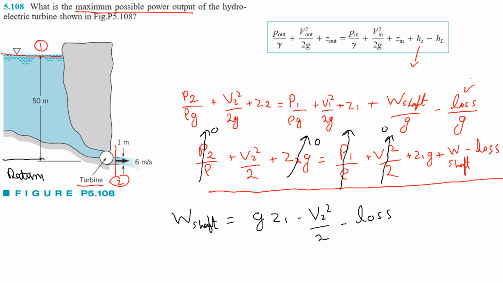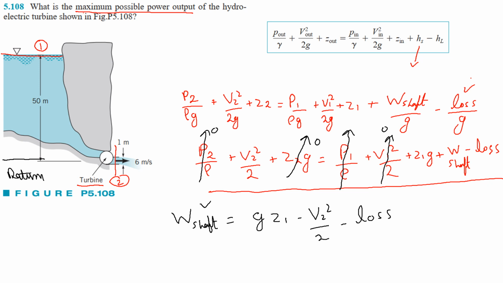What we need to do is to multiply both sides of this equation by mass flow rate, because this is work now, but what we need to find is the power. So multiplying the work by mass flow rate, we will get the power that is being transferred.